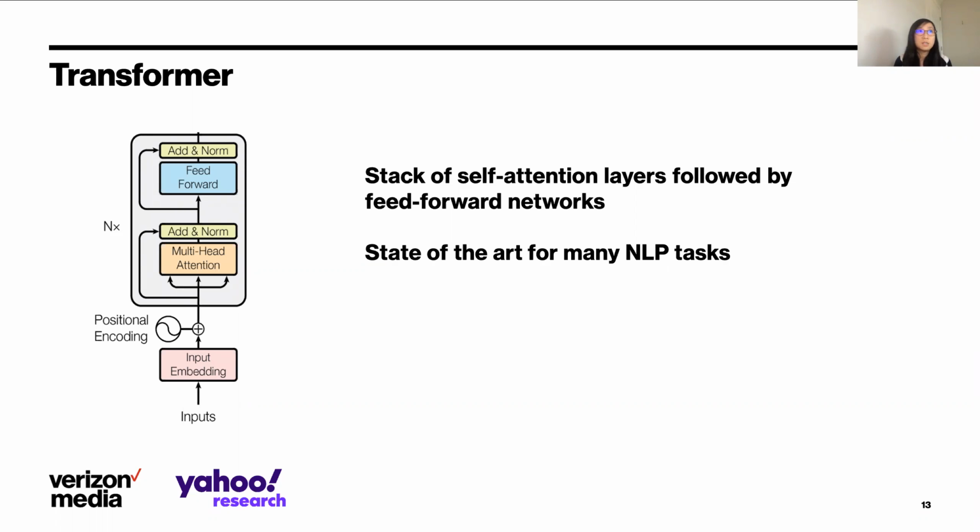This attention layer is usually followed by a feed-forward network to come up with the hidden representation. This has been the new state of the art for many natural language processing tasks. Since it's using attention, by nature it breaks the dependency on the surrounding or preceding text, so it can be processed much faster and can process a long document by default.